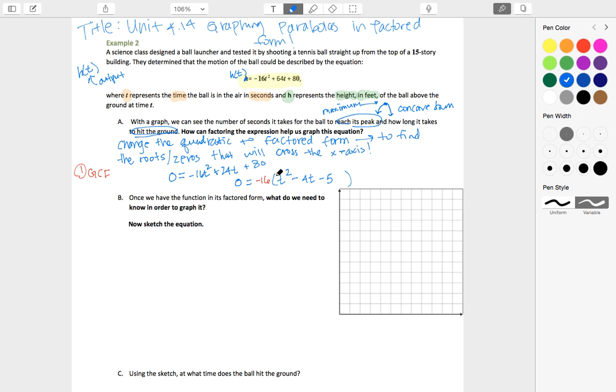Okay, and then from there we can go ahead and factor this trinomial, what's inside the parentheses here, to simplify further. So when we do that, you can do box method on the side, and you'll get negative 16 and two binomials, which are t and t, 5 and 1. And we'll get minus 5 and then plus 1.